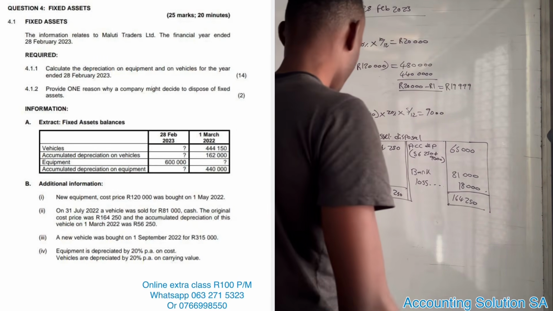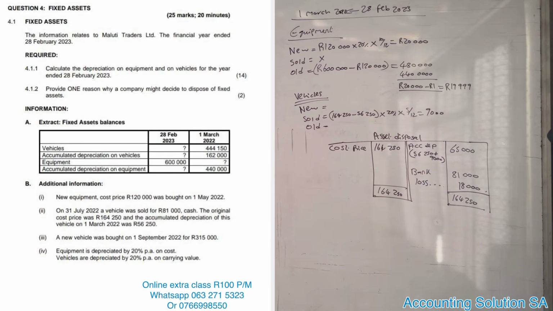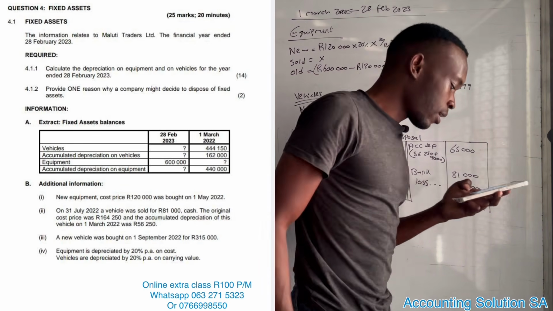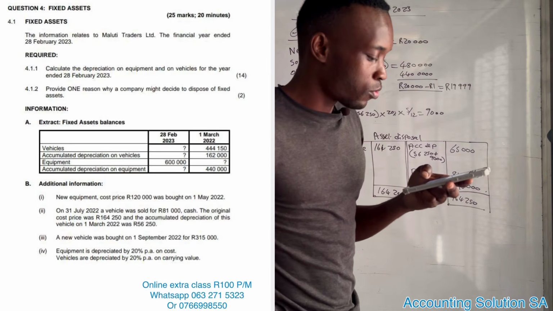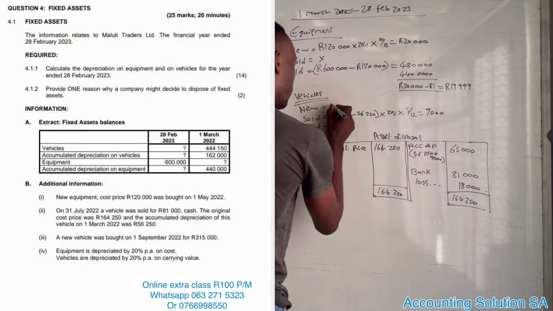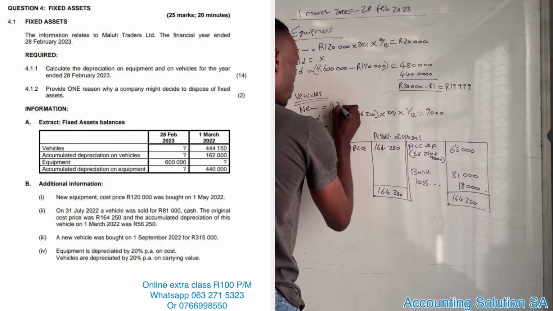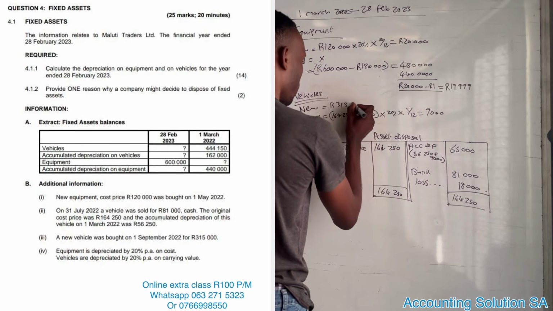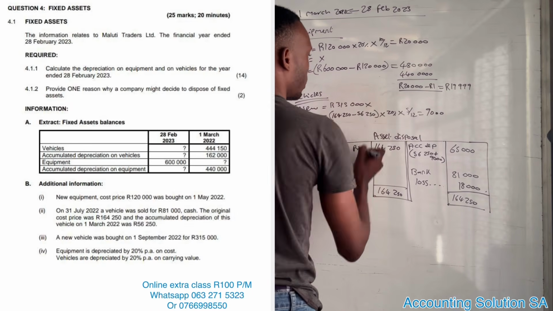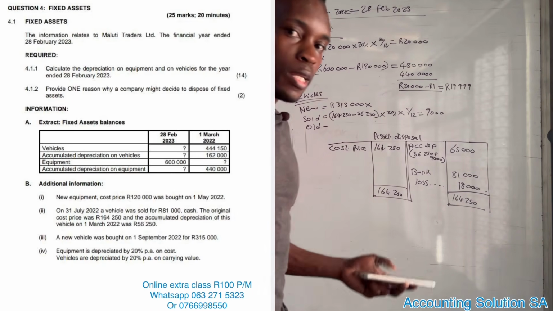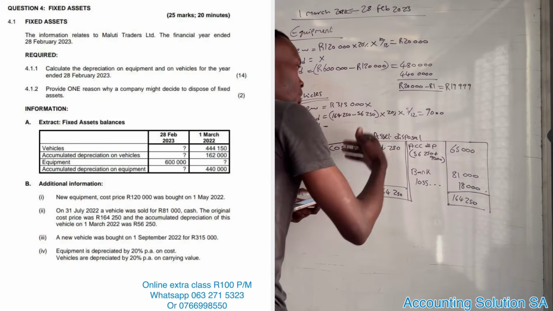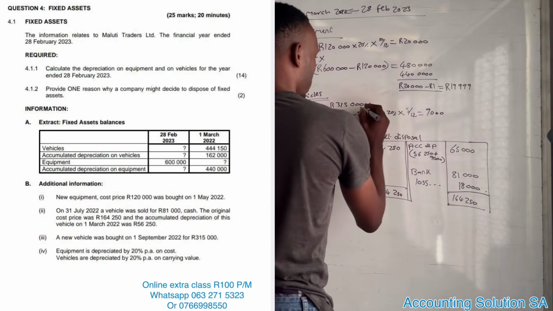Now, let's take a new vehicle. A new vehicle was bought on 1 September 2022 for 315,000. This one is very simple. Whether it is diminishing balance or cost price, you don't have to subtract anything because it's new. It does not have depreciation.